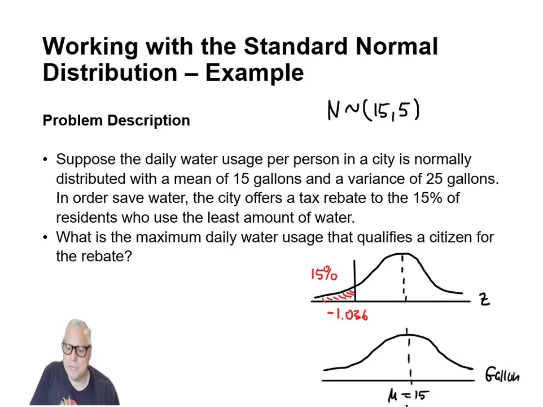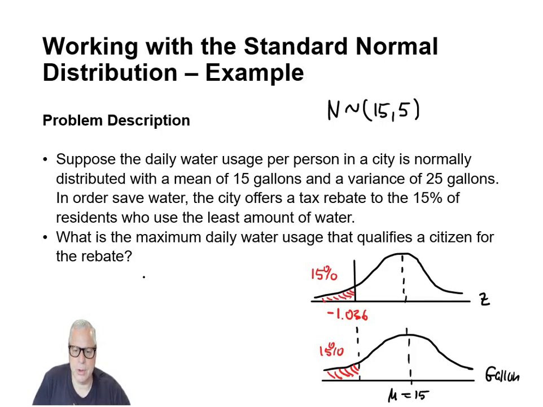And 1.036 below the mean, that's where we have the 15% probability mass. The only thing I need to know now is what is 1.036 standard deviations below the mean of 15. So that is our value that gets the tax rebate.